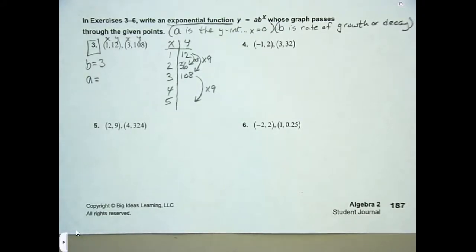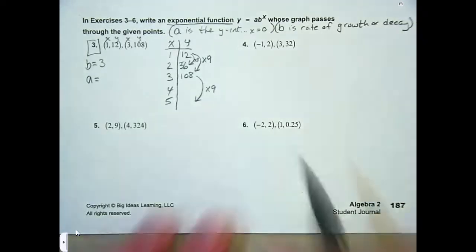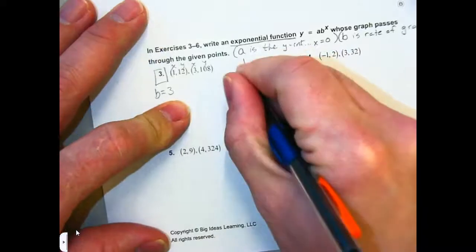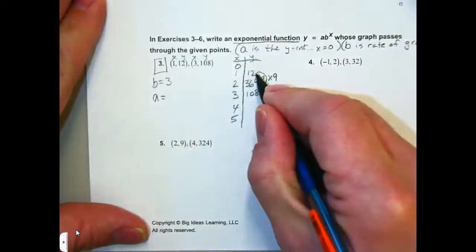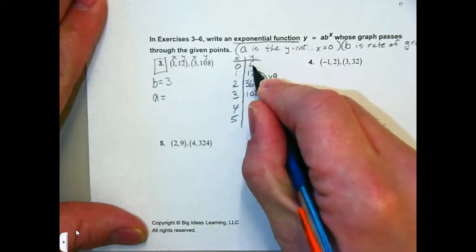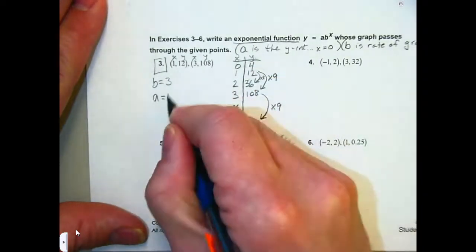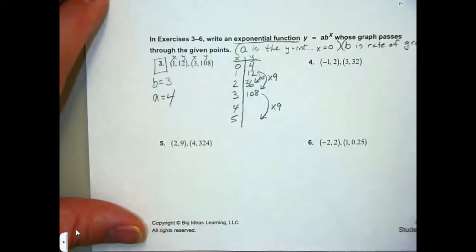What's one of those ways? Rory? Yeah, I could just work backwards, right? If I work backwards and say, okay, I want to find 0, that means I just have to divide by 3 and I get 4. A is 4. That's one way. Probably the quicker way in this one. What's the other way? Use an equation to do it.